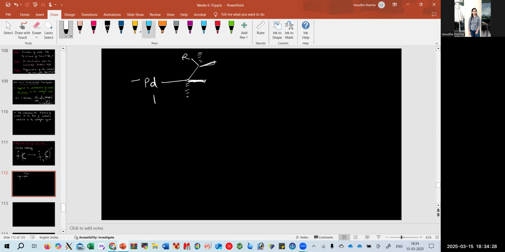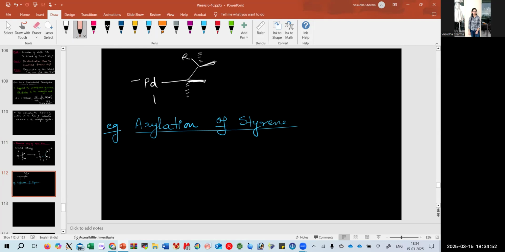Now let's see another example of Heck reaction, which is the arylation of styrene. So we can replace the vinylic proton by either vinyl group or aryl group or the benzyl group. So here we are doing the arylation of the styrene. We start with a complex, DPPE, vinyl.